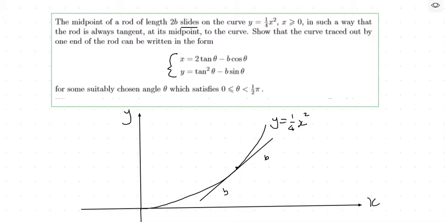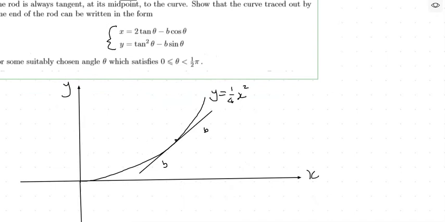Okie doke. So we notice that it's parameterized, and the parameter is theta.